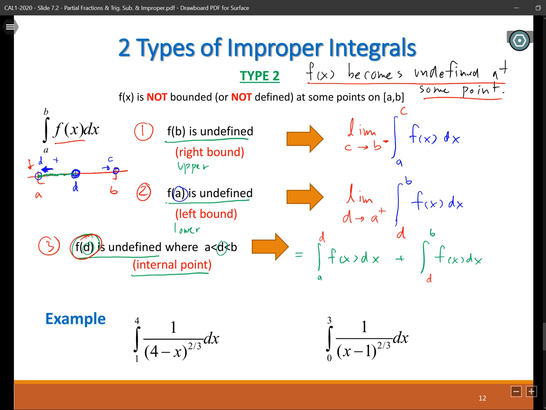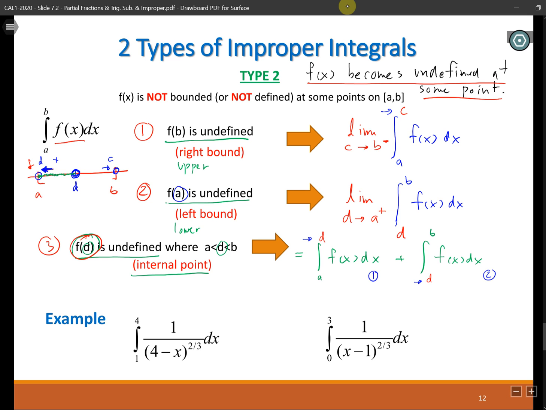But if you take a look here, these two integrals that we are looking at are very similar to what we have in scenarios 1 and 2. The first one, the one that has a problem, is up here, which is the same as scenario 1, the upper bound. And the second integral has a problem down here at the lower bound. So this is scenario 2, which means that we can combine scenarios 1 and 2 right here.